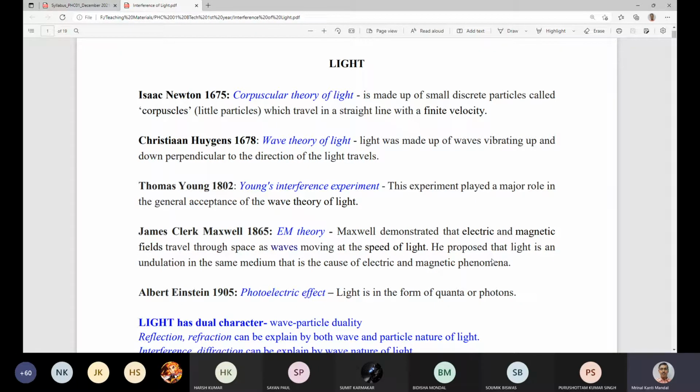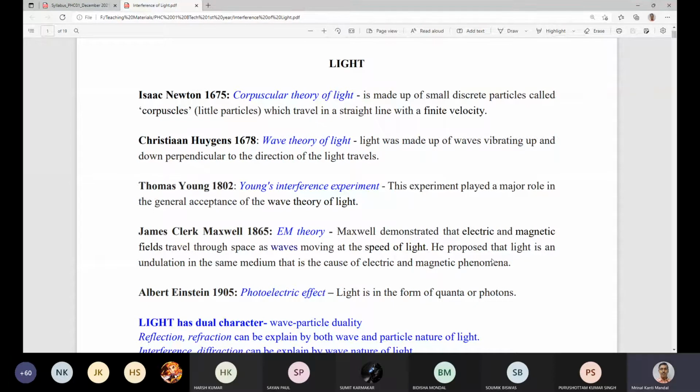According to him, light is made up of small discrete particles, and this discrete particle is called corpus or particle, or photon, as we consider it later on. And this particle will travel in a straight line with finite velocity, right?